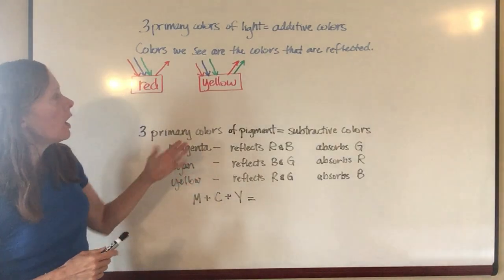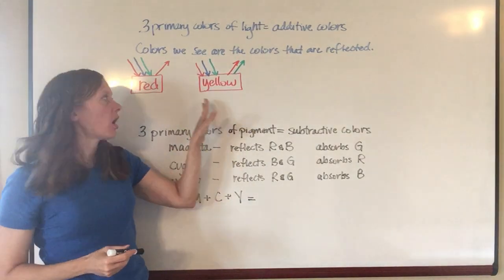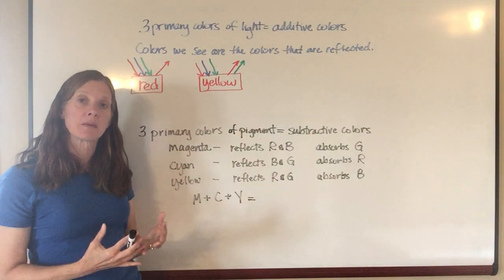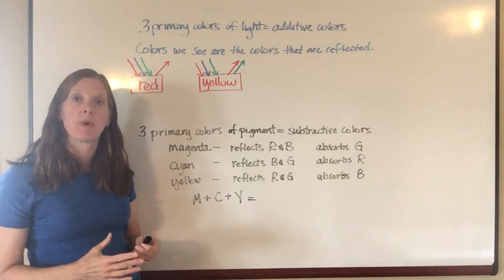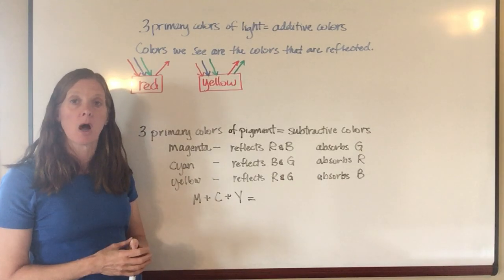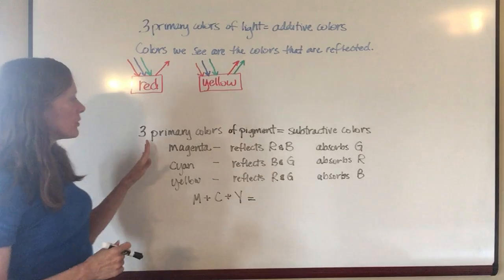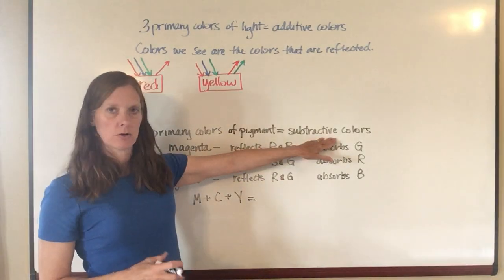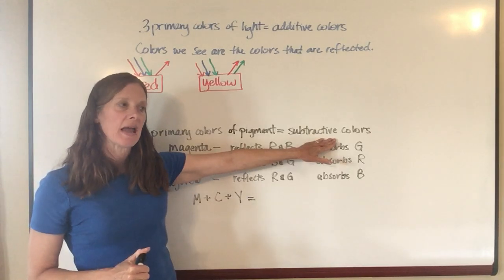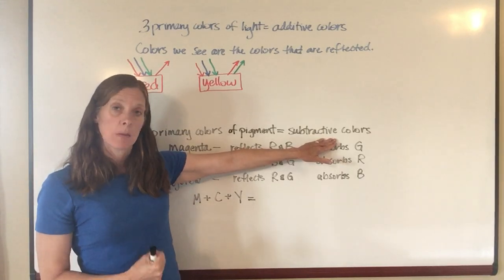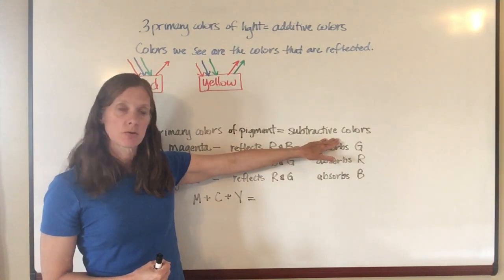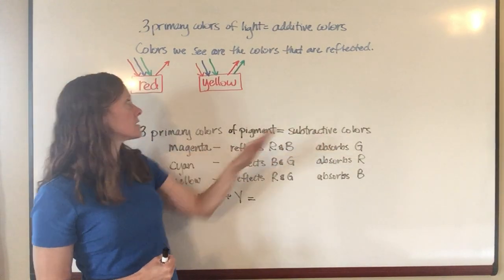So therefore, when I start thinking about the color that objects are, most of those objects have some sort of a pigment in them to make them appear to be a certain color to our eyes. But the primary colors of pigments, we call those subtractive colors because what they do is they actually absorb some of the colors so that we can't see them, and they subtract those colors out of the white light.